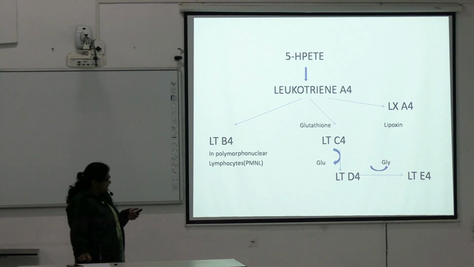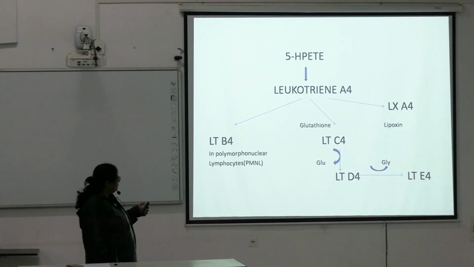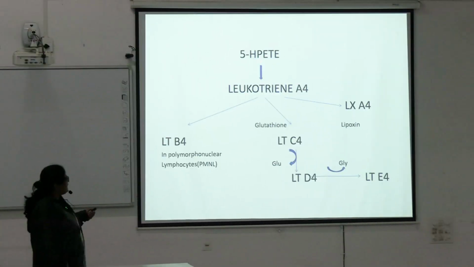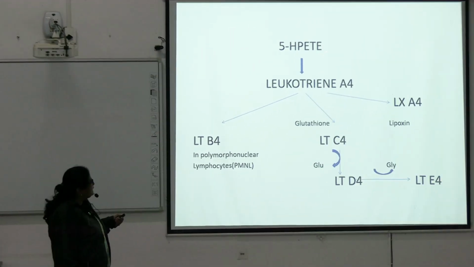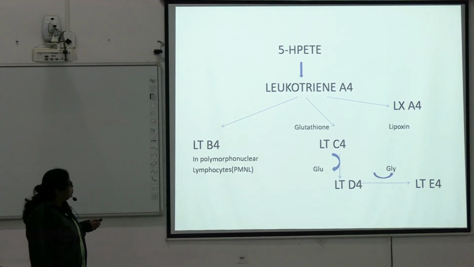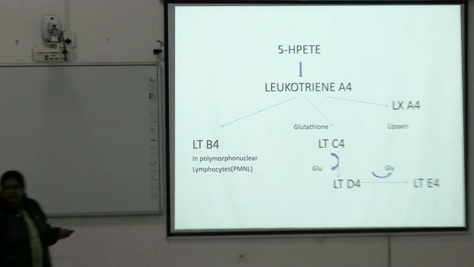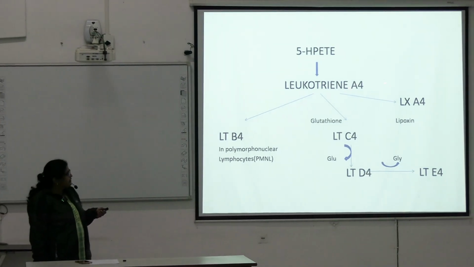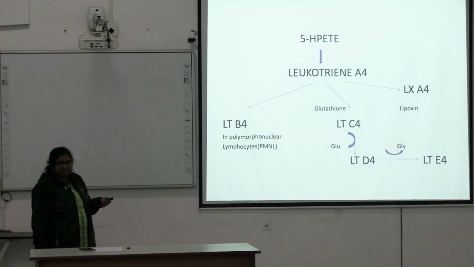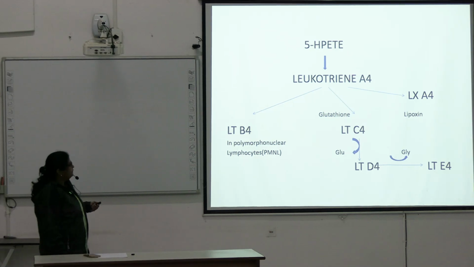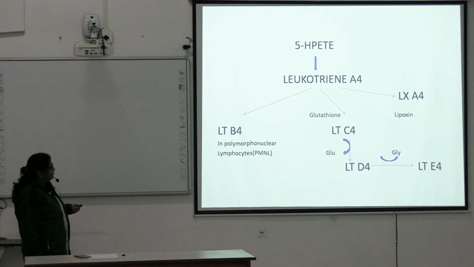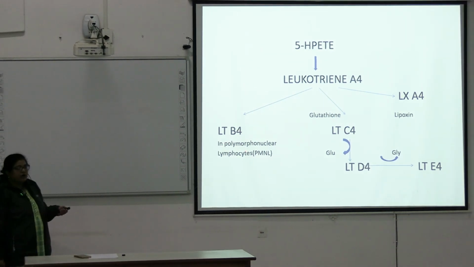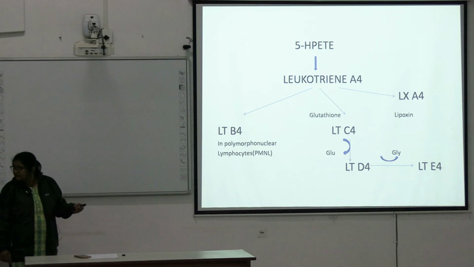In the leukotriene pathway, this 5-hydroperoxy eicosatetraenoic acid is converted to leukotriene A4. So, the first leukotriene formed is leukotriene A4. From that, leukotriene B4, found in polymorphonuclear leukocytes.